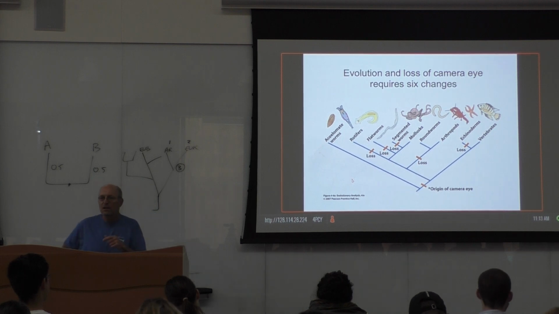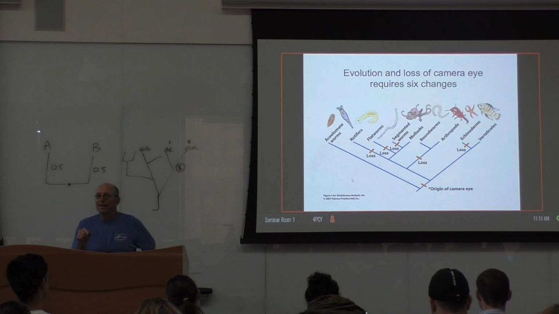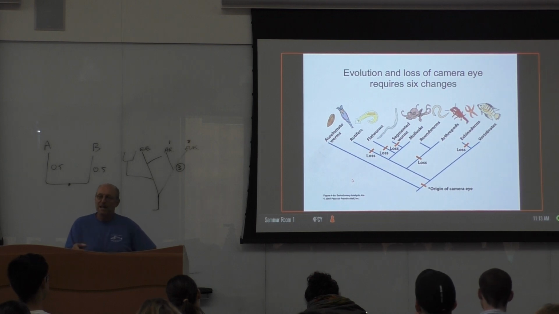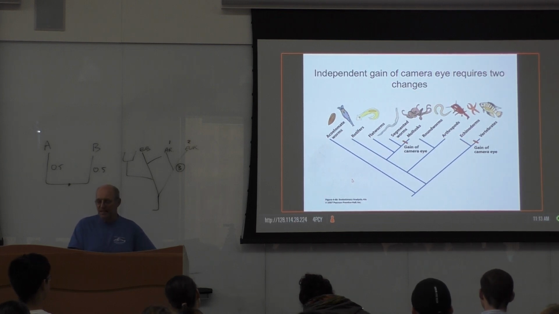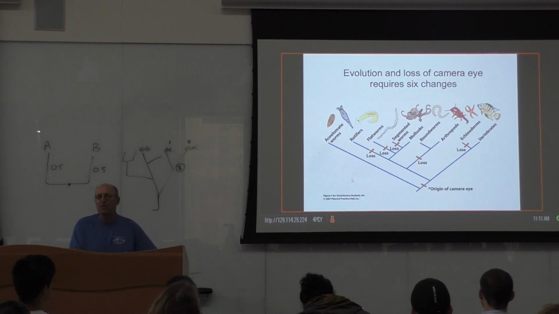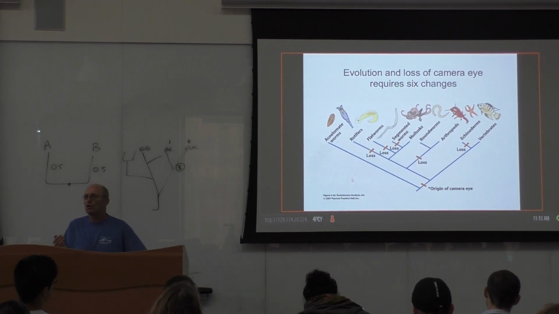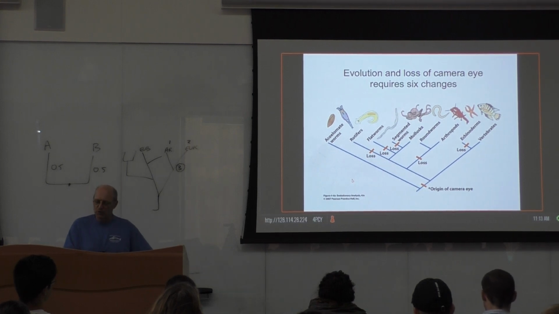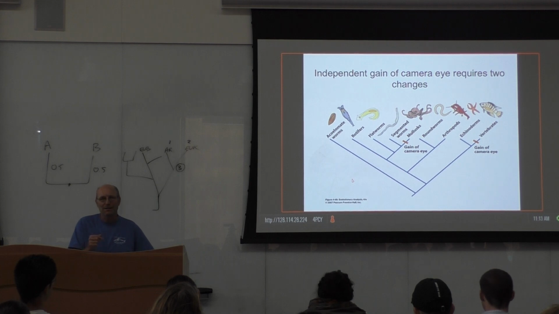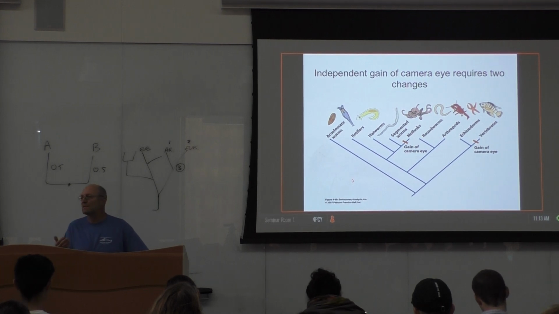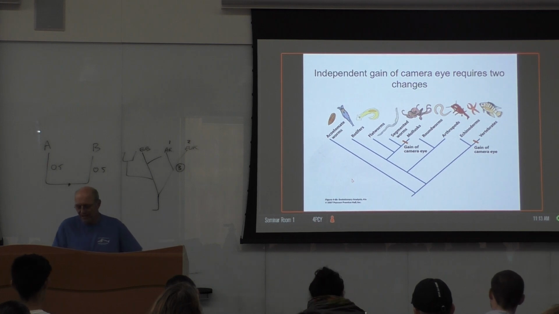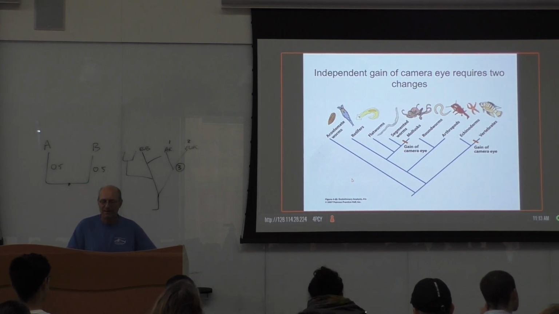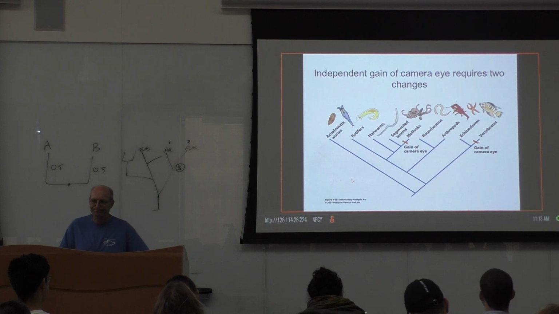And this tree, if you count the number of bars, has more steps than the previous one. This one has 2 steps, this one instead has 5 or 6. And so by maximum parsimony, you would say that the other tree is more likely because it requires fewer mutations. So that's a very practical example of how these things work.